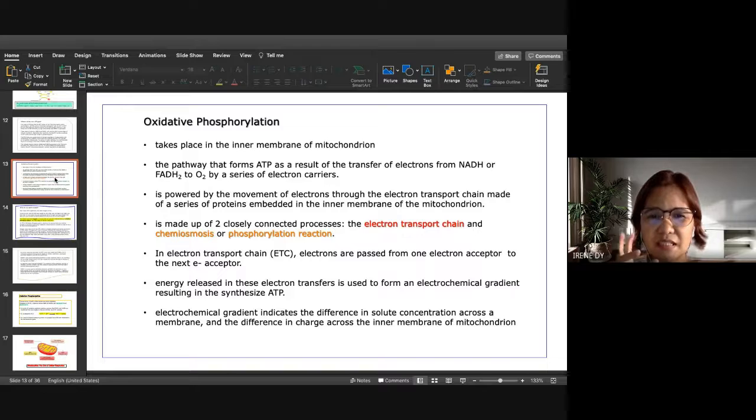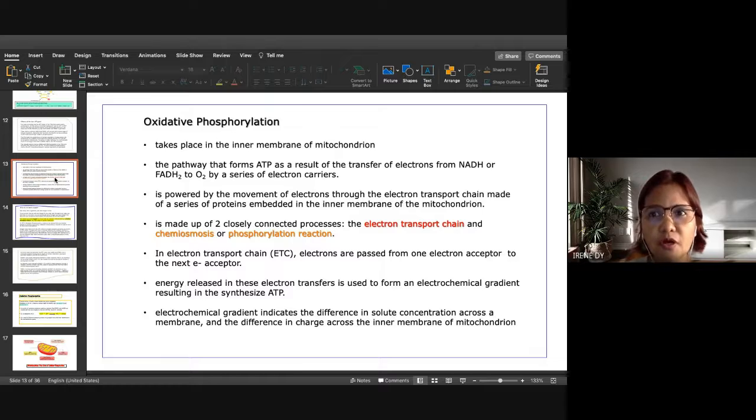Okay, so it is made up of two. Sinabi ko na to kanina. ETC, chemiosmosis, or we call this also phosphorylation reaction. So sa ETC, electrons are passed from one electron acceptor to the next electron acceptor.